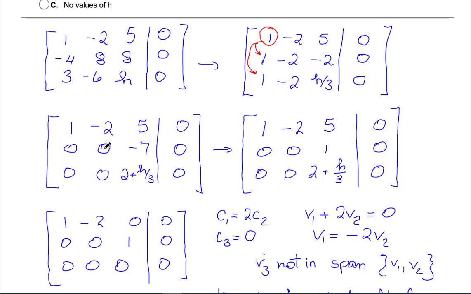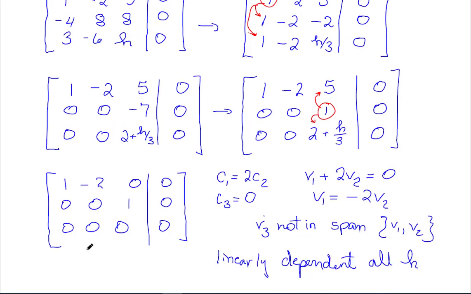I don't have any kind of a 1 in this second column. So I'm going to divide row 2 by -7. And by doing that, now I'm looking at making a 0 top and bottom. So I want to use this 1 to make a 0 and make a 0. And so when I do that, I get this situation.